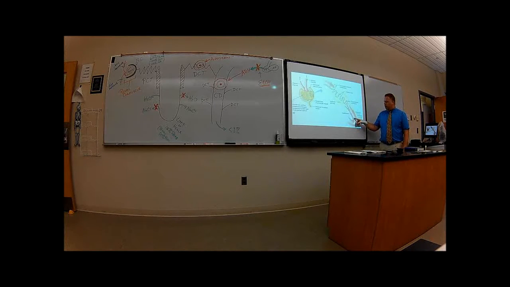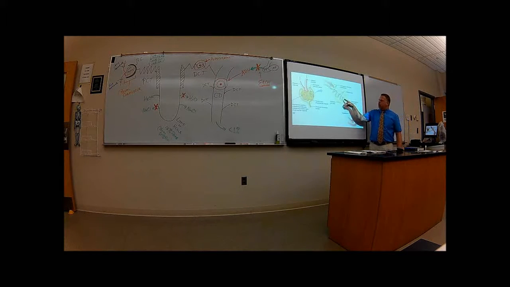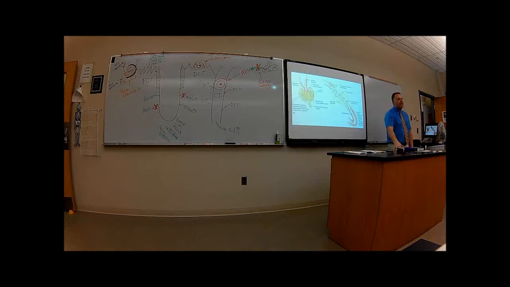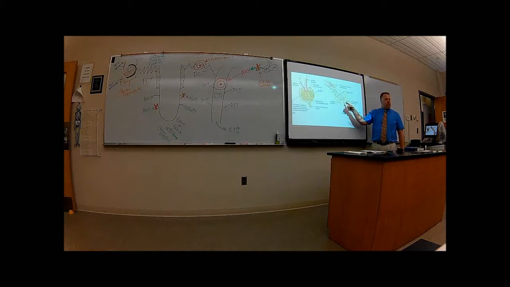So you have these holes here, these fenestrations, but the way that these feet go, they kind of interlock with each other, and in between each one of the podocytes, you have these what we call filtration slits that are going to really restrict what can get into that nephron. Does that make sense, how this is all set up?